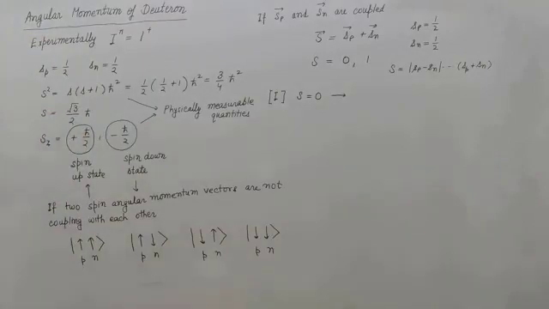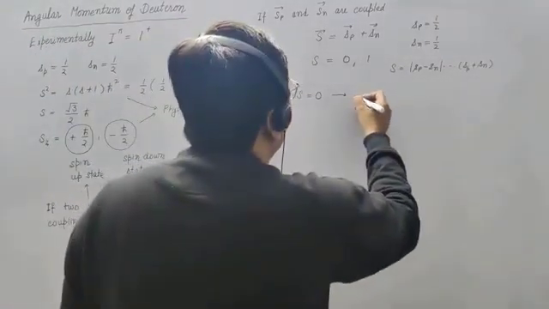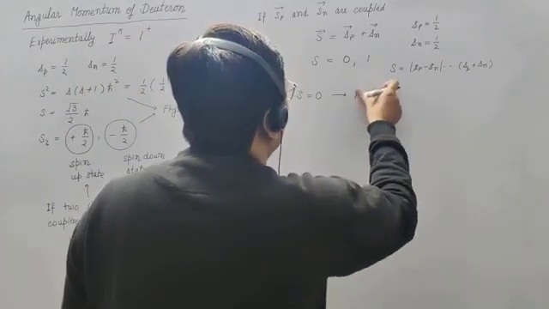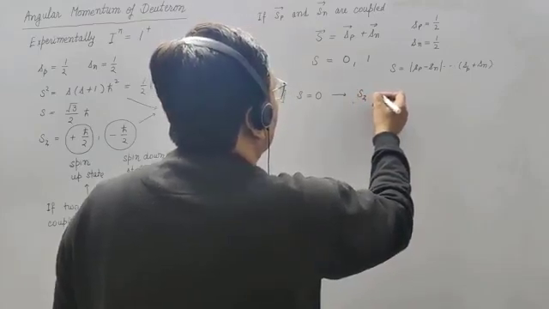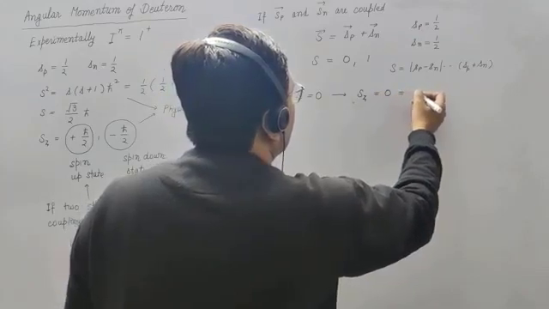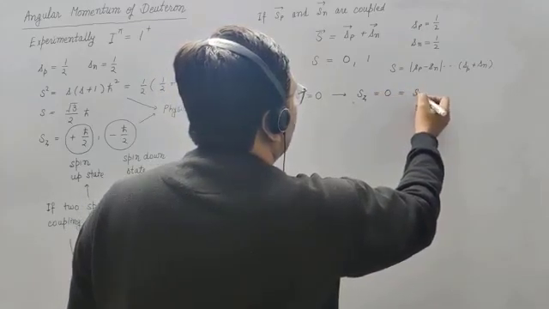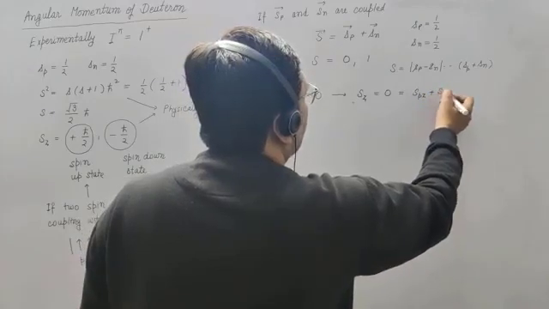Corresponding to this S equal to 0 state, Sz value will be 0. And what is the value of Sz? This will be Spz plus Snz.